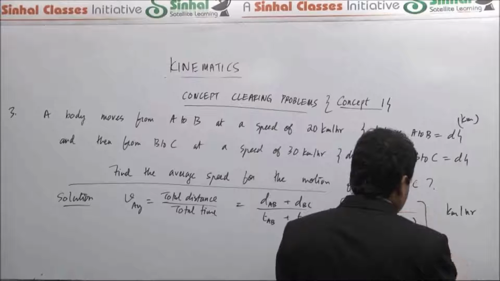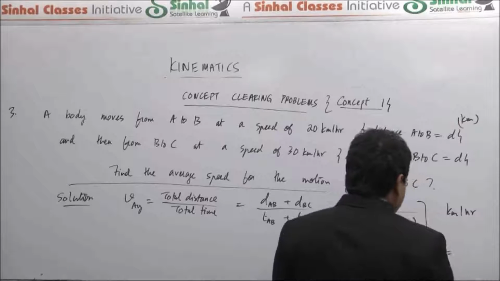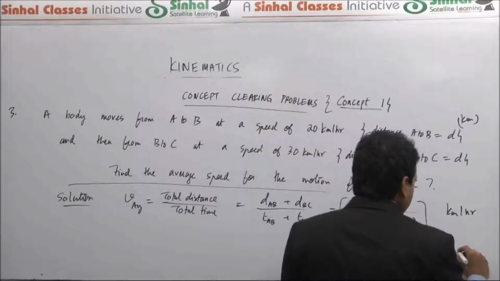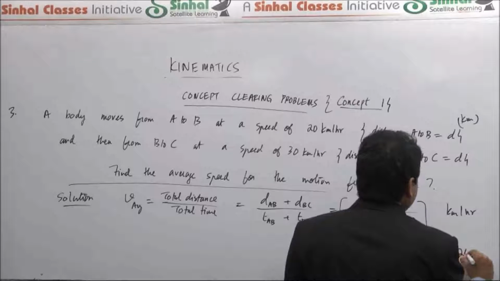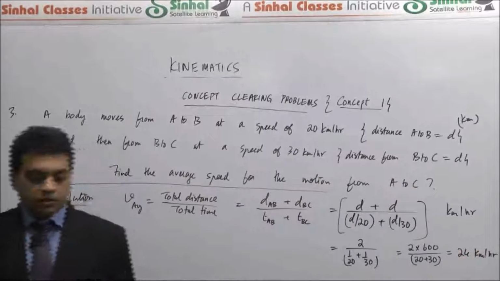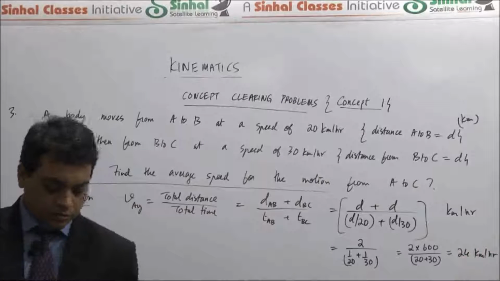So that is 1200 divided by 50, 120 divided by 5, so that is 24 kilometers per hour. Right. So this is a significant, important type of question. Let's take this now.